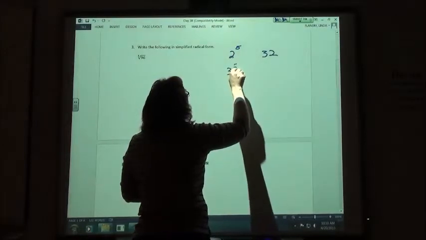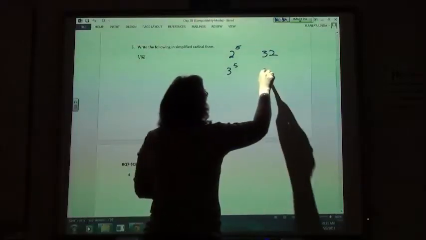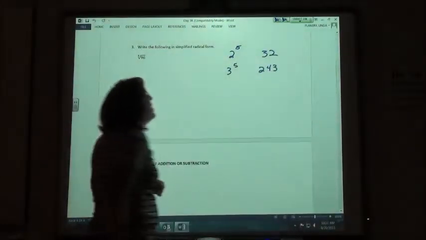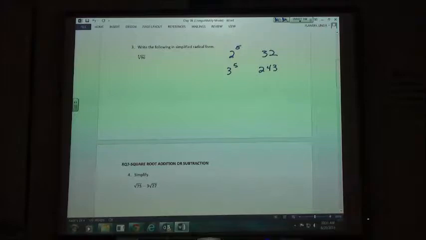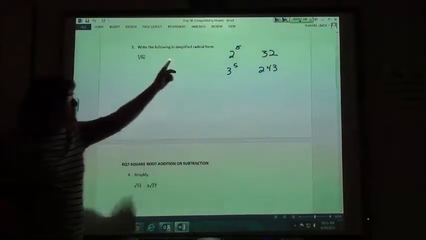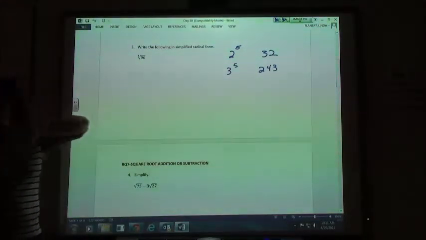If we do 3 to the 5th, what's 3 to the 5th? 243. And so forth. We probably won't have to go much higher than that because once we get that big, they probably don't go. The most common one they're going to do is 2 to the 5th. 2 to the 5th is 32.